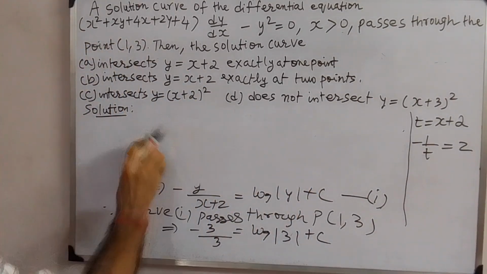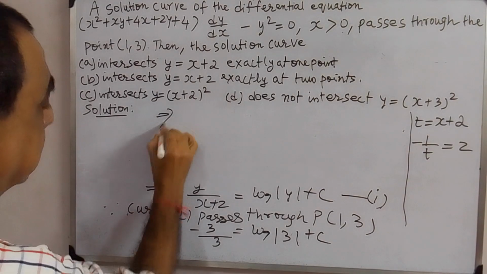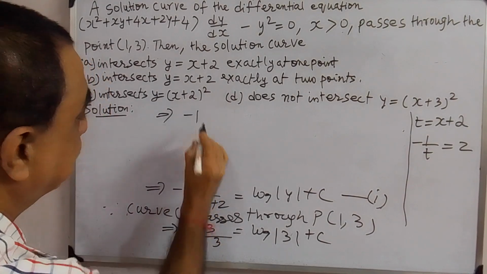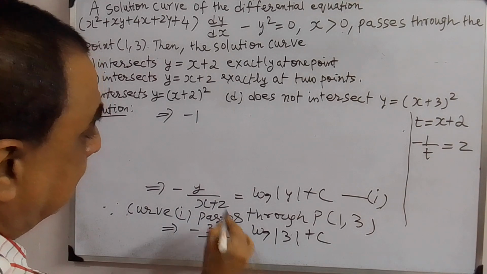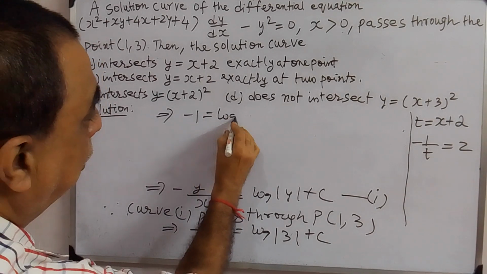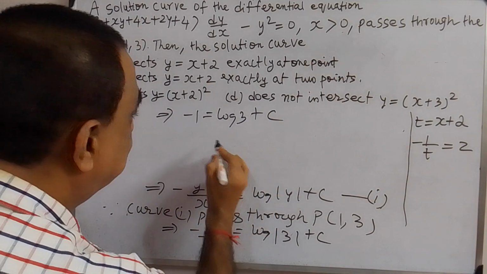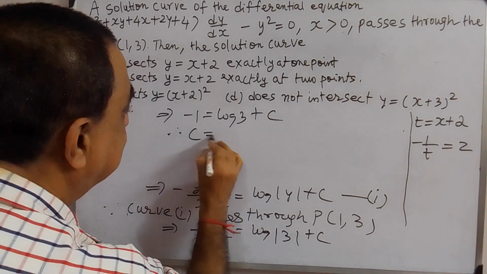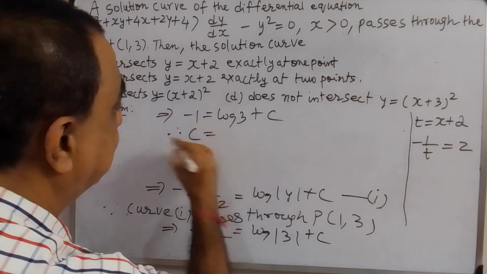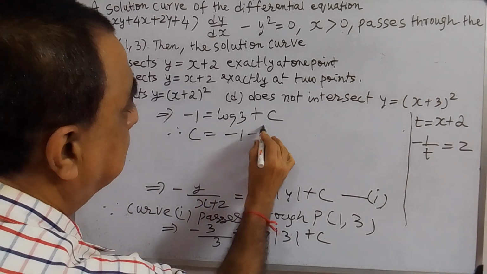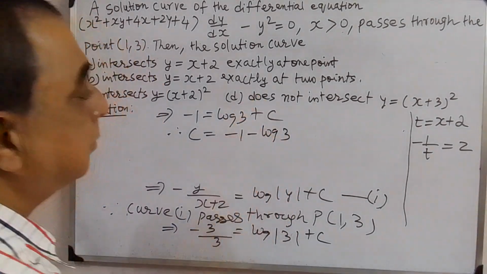Clear? So we have minus 1 by 3, equal to log 3 plus c. What is the value of c? Log 3 goes to this side, so c is minus 1 by 3 minus log 3.